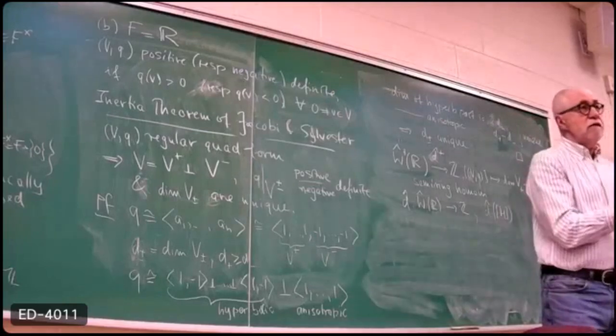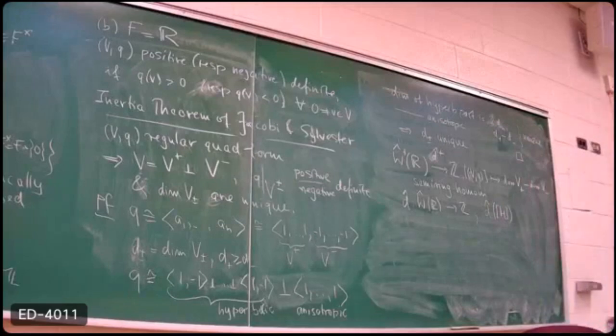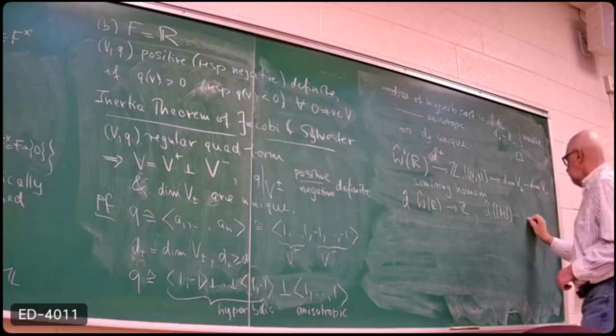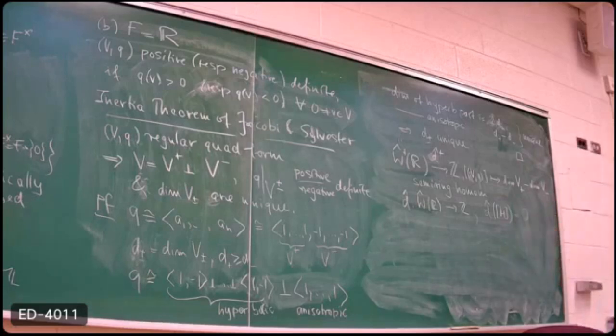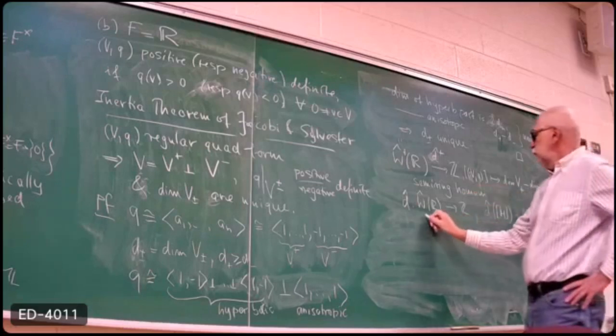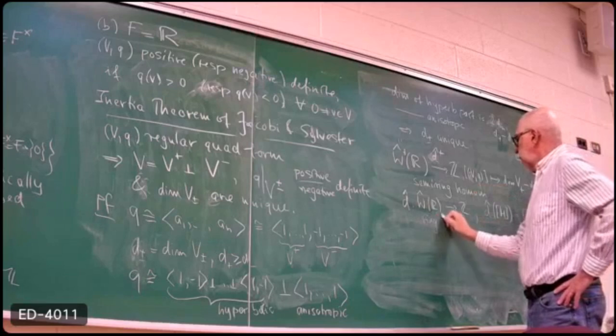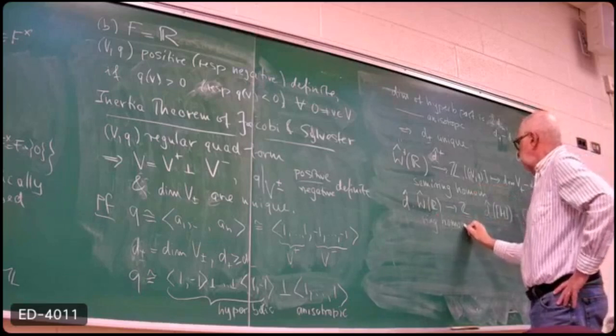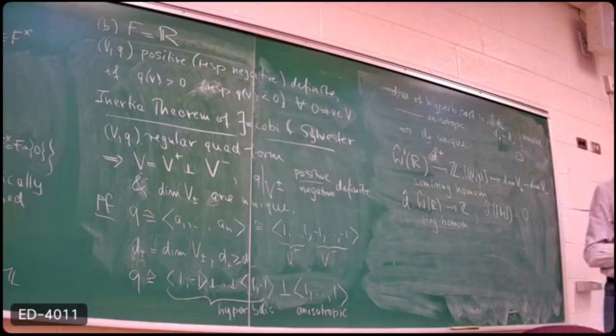The hyperbolic plane is just one, minus one. So the plus part is 1 dimension, the minus part is 1 dimension. This is 0. So because this is a ring homomorphism, it vanishes on the ideal of hyperbolic spaces.